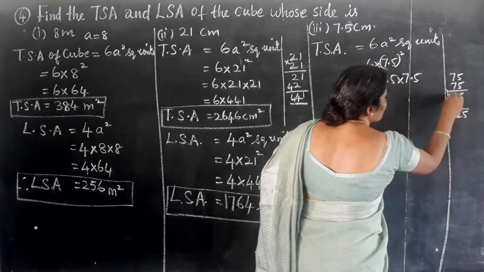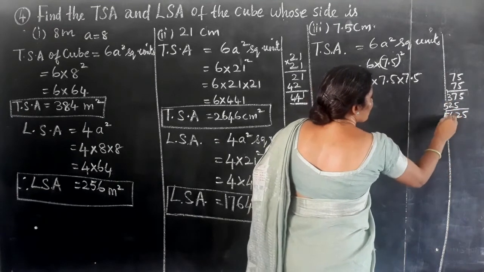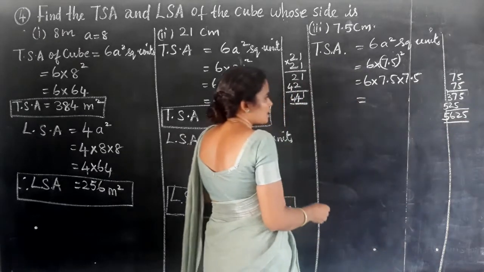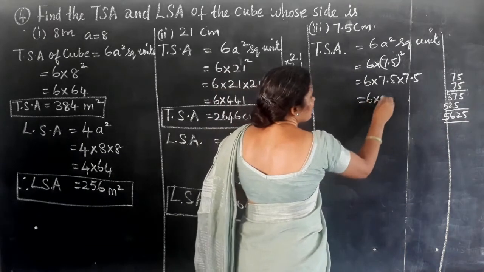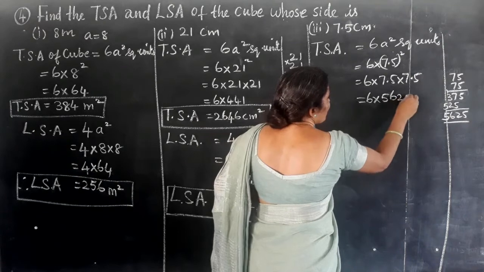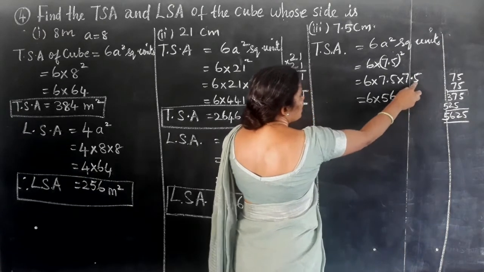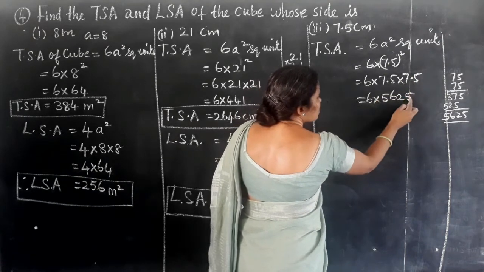Okay, 5625. 6 into 5625. Here we have 2 decimal places.